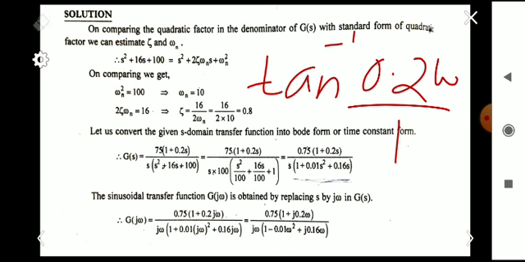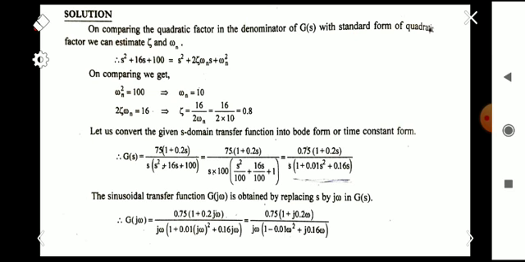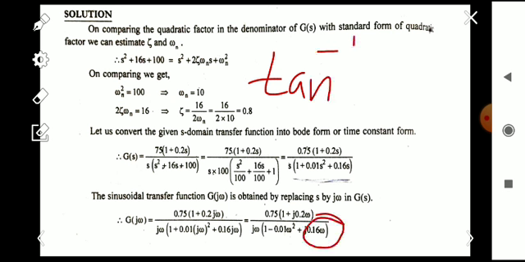Here we can treat the second order term in a plus jb format, because 1 minus 0.01 omega square is a real term and 0.16 omega is an imaginary term. So tan inverse b by a, where b is 0.16 omega and a is 1 minus 0.01 omega square.